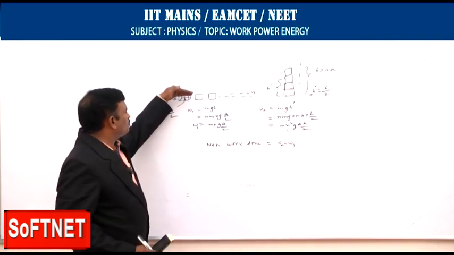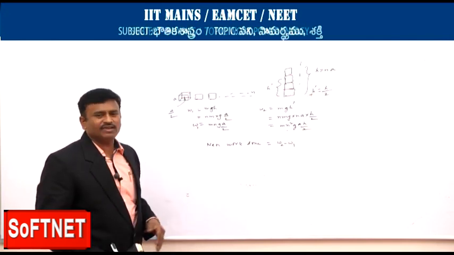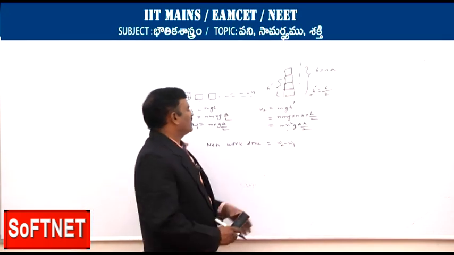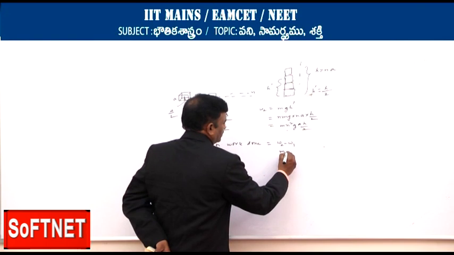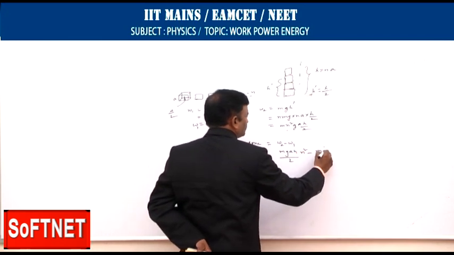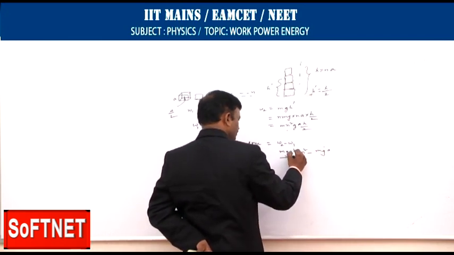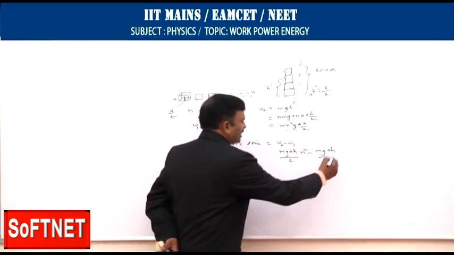Initially, by default, this much potential energy exists here. As one is kept over another, the work done will be m g a h by 2 into n square minus m g a h by 2 into n.